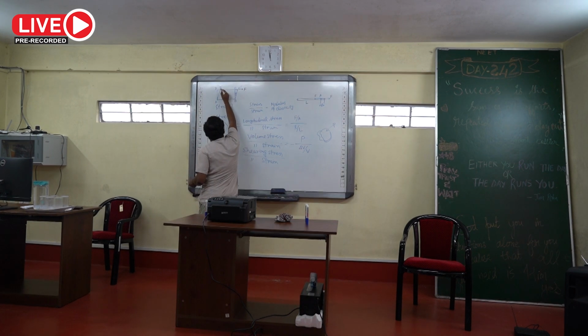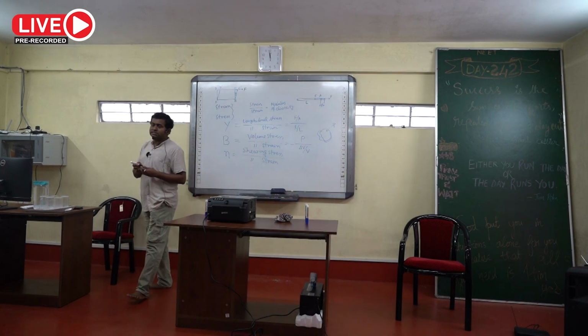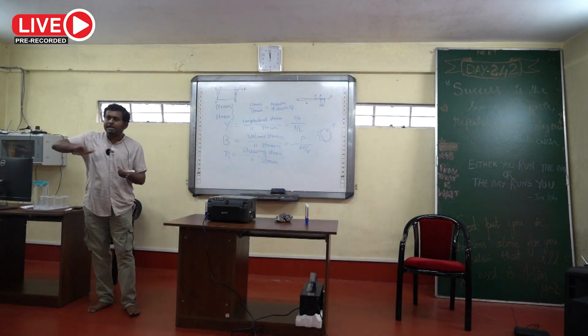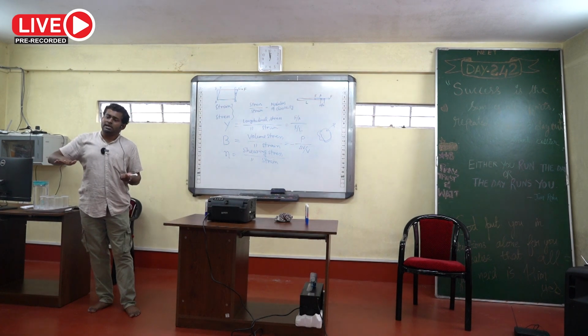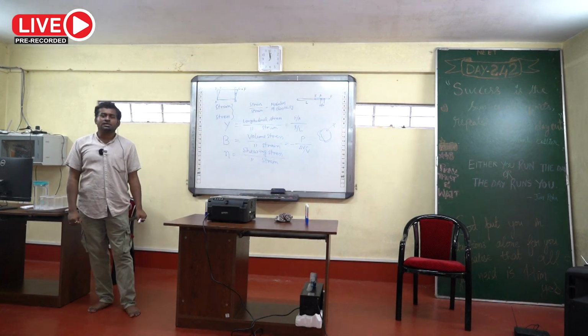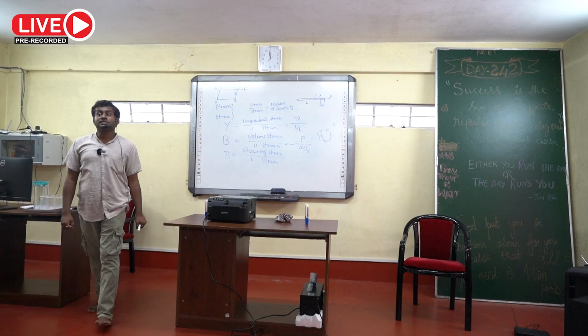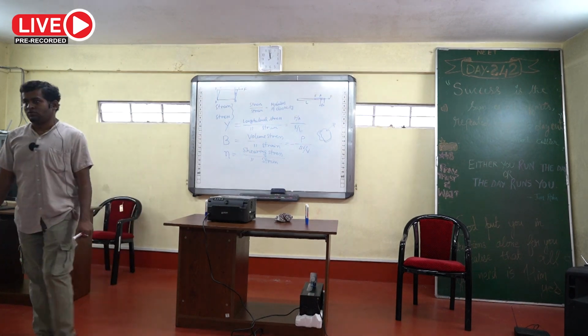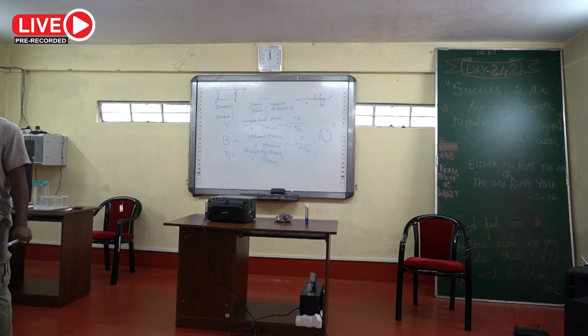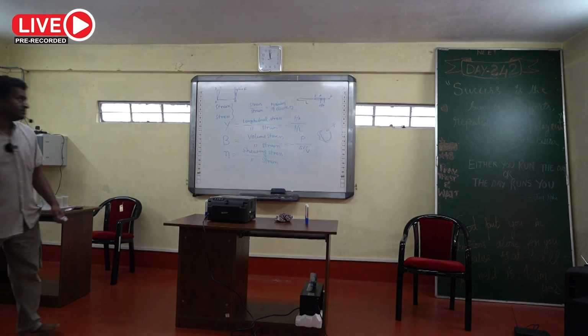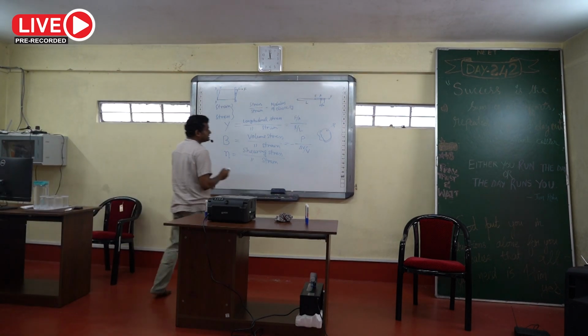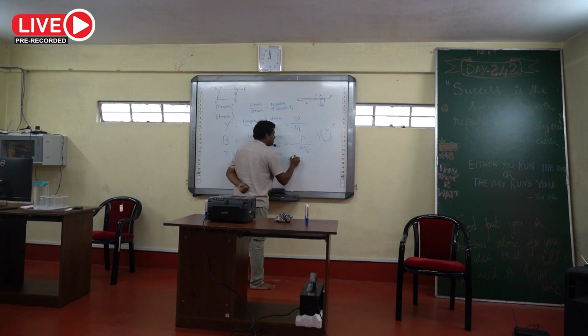We consider the surface area over which this force is applied is capital A. So what is stress? F by A. But this is the tangential stress now, so that is termed as shearing stress. So shearing stress means tangential force per unit area.